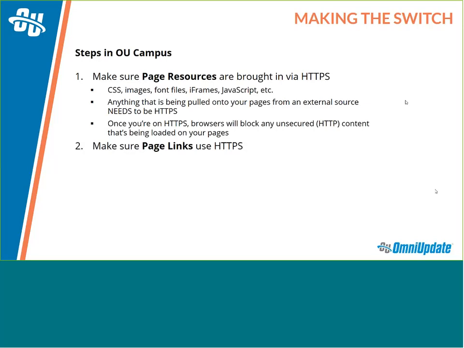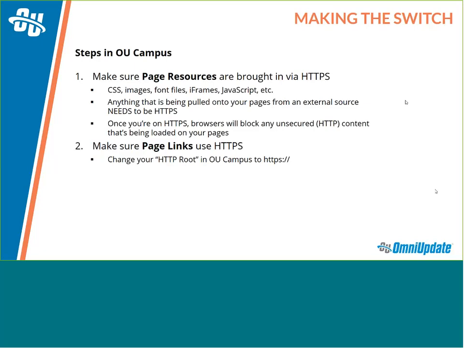And then the next thing you also want to do is make sure that your links to all of your pages are using HTTPS as well. So there's a couple of things that you can do to make that process pretty quick. With the benefit of Dependency Manager inside of OU Campus, all of the pages that exist within your site, you're going to be able to fix all of those links with just one step.